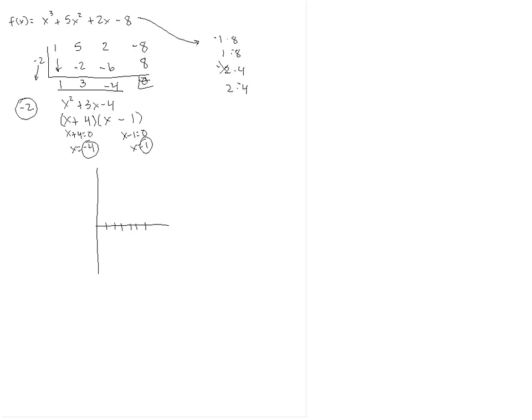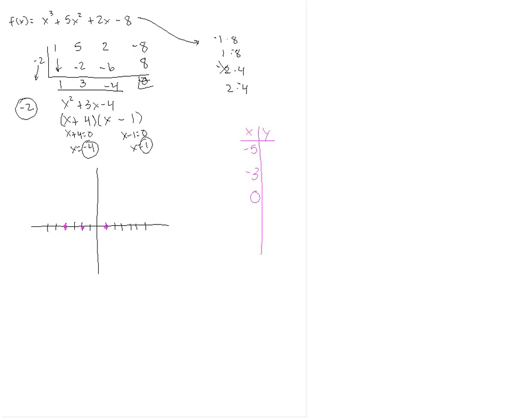It is crossing the x-axis at negative 2, negative 4, and positive 1. So what numbers are we going to try? We have to be on the left side of that last number, negative 4, so we're going to try negative 5. The number in between the next two is negative 3, and the easiest number between the last two is 0.